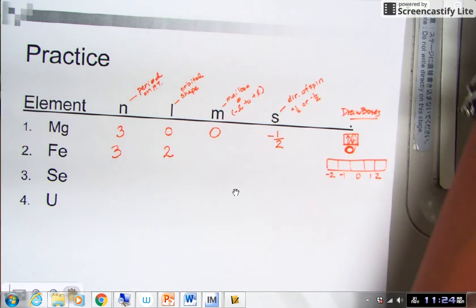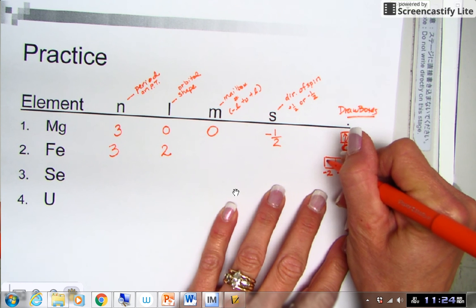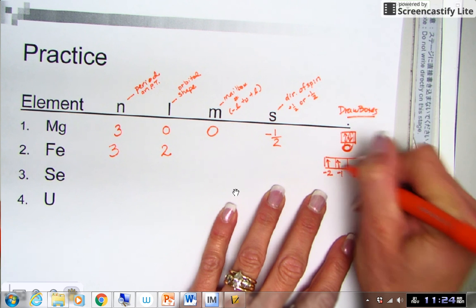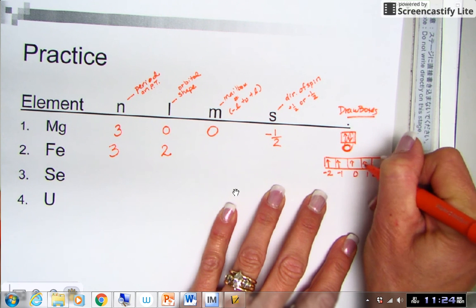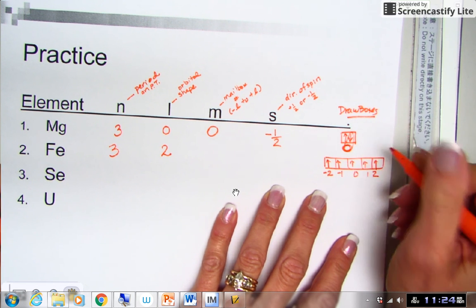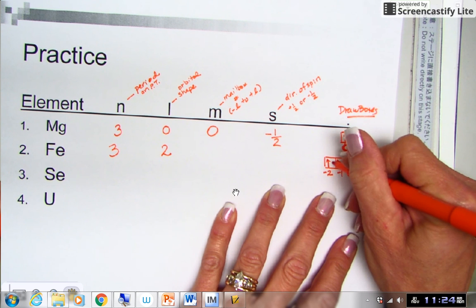So go to your boxes, and let's put our electrons in. Remember, all the wives have to come home first. So we have to fill up every box with an electron spinning clockwise. So 1, 2, 3, 4, 5. Now, how many electrons did we have to put in when we counted? That's right, we counted to 6. So we put in 5. Now we're going to come back, and now our counterclockwise can come in.